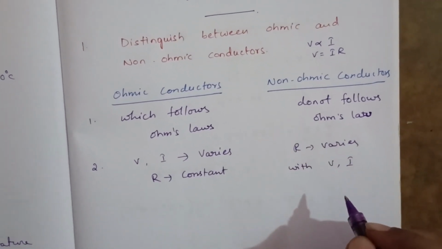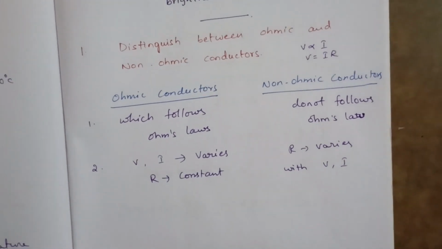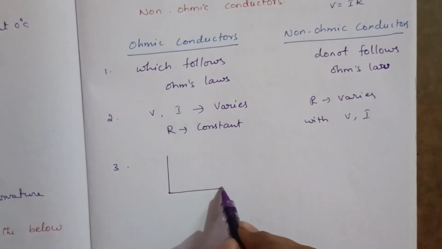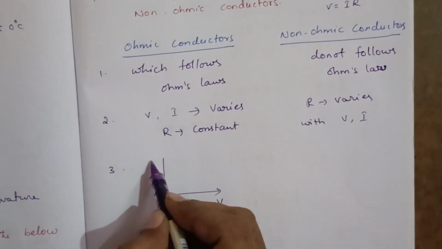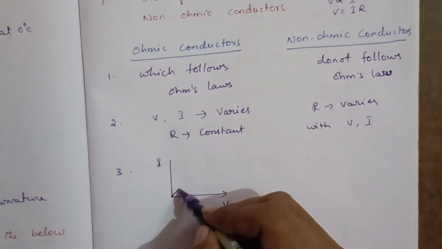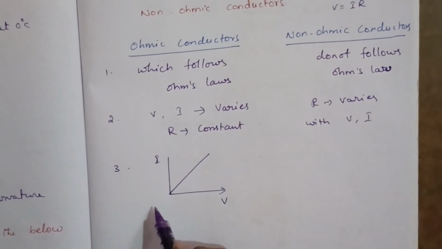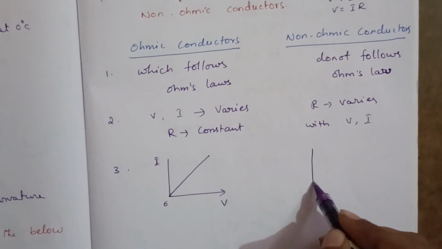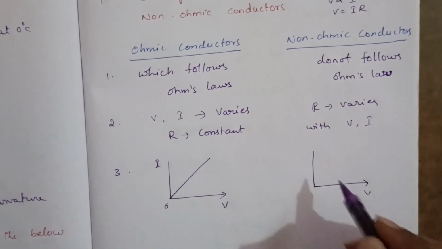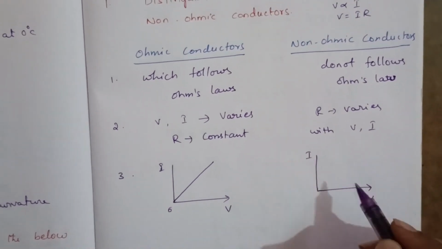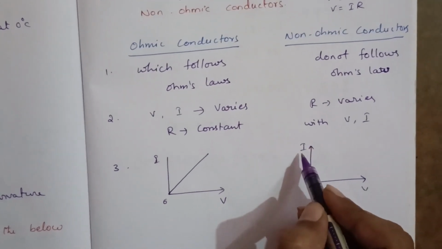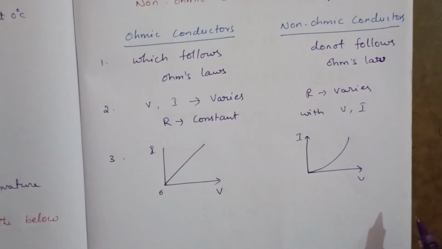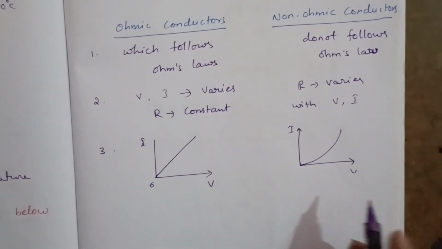Those are non-ohmic conductors. Next, if you draw the graph between potential difference or voltage and electric current, for ohmic conductors the graph is a straight line passing through the origin. For non-ohmic conductors, the graph is a curve, not linear.